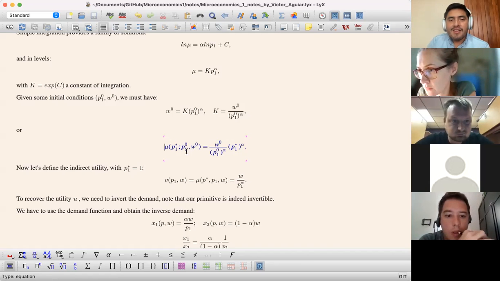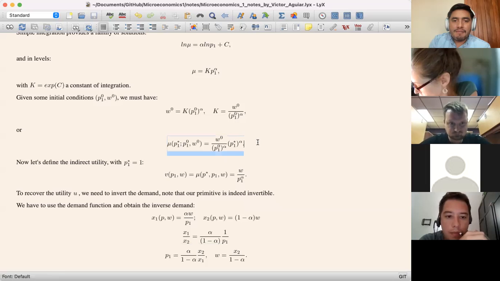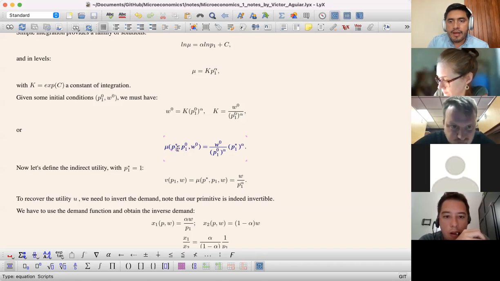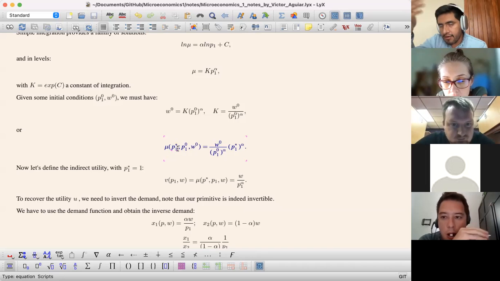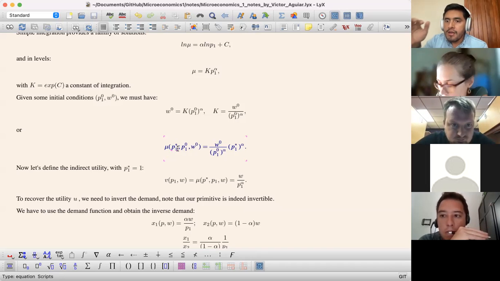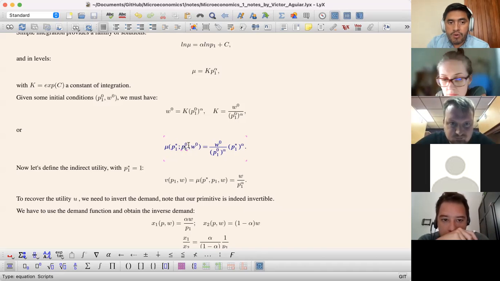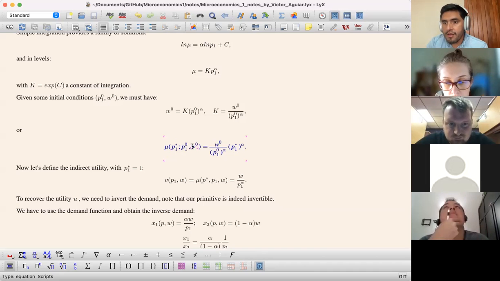How are we going to do it? Look at this magical step where we notice that the mu has the variable, because it's a function of P1, and then it depends on the initial conditions I choose, P1 naught, W naught. At this stage, everyone is with me, right?